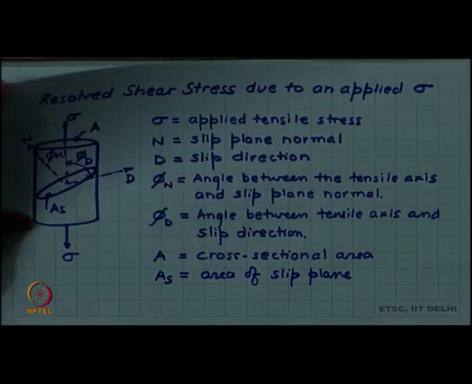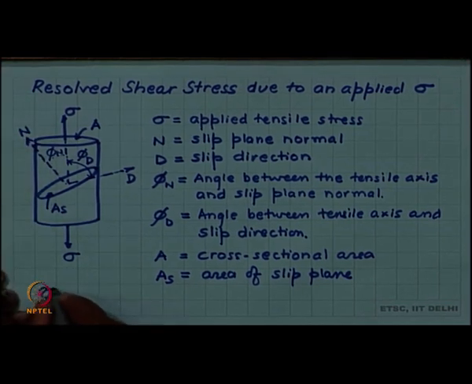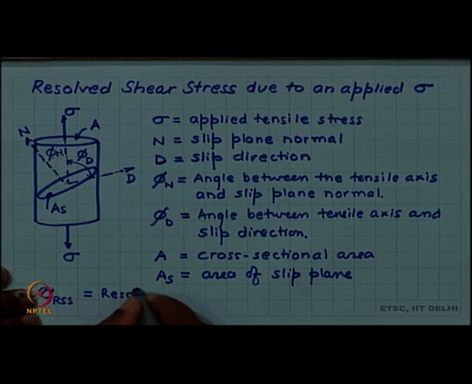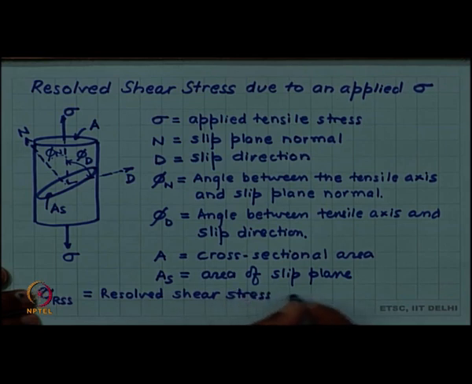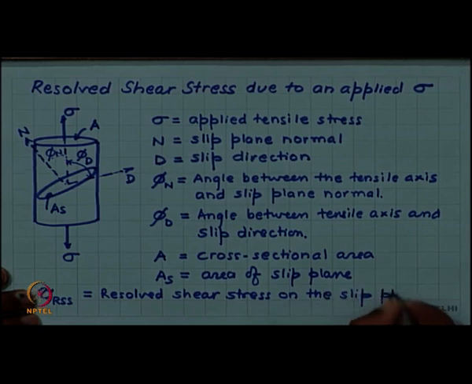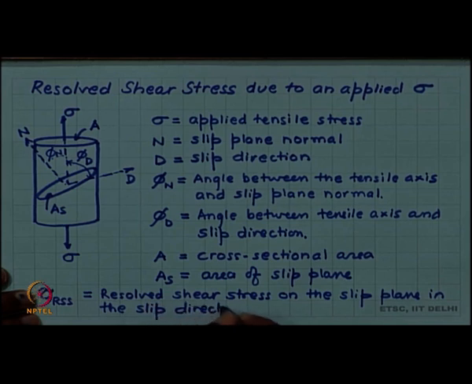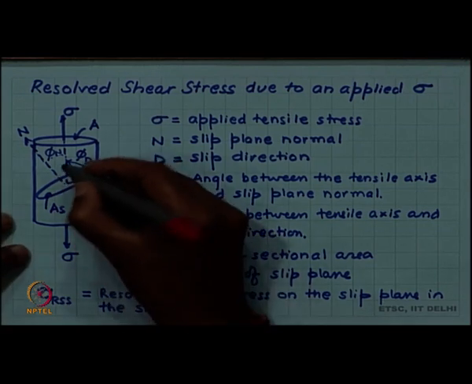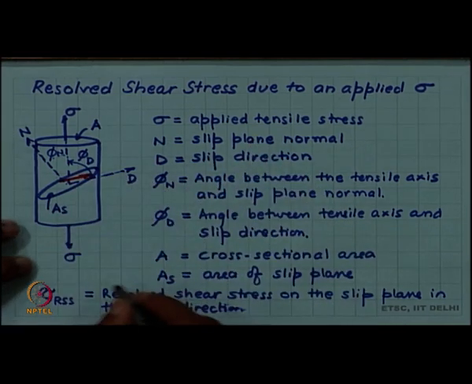With these variables we can now try to find the resolved shear stress. So, tau RSS is the resolved shear stress on the slip plane in the slip direction. So, tau RSS is on this plane acting in that direction.